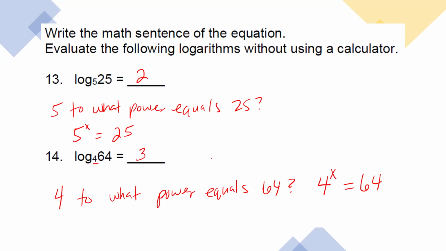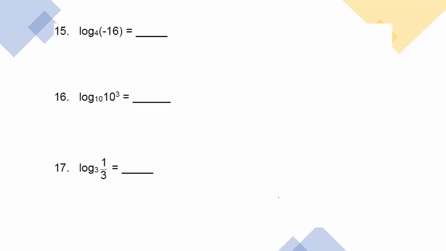It's 3, and that's because 4 times 4 times 4 equals 64. It would take 3 4s. So when you look at a log, this is why we say think of it as an exponent. Okay. How do I feel? Good. All right, let's keep going.